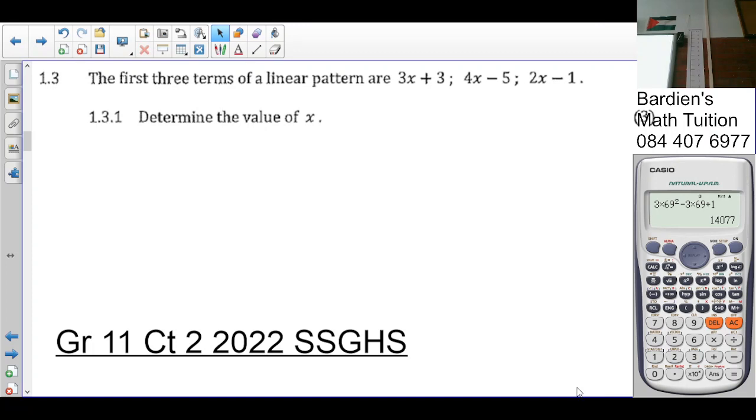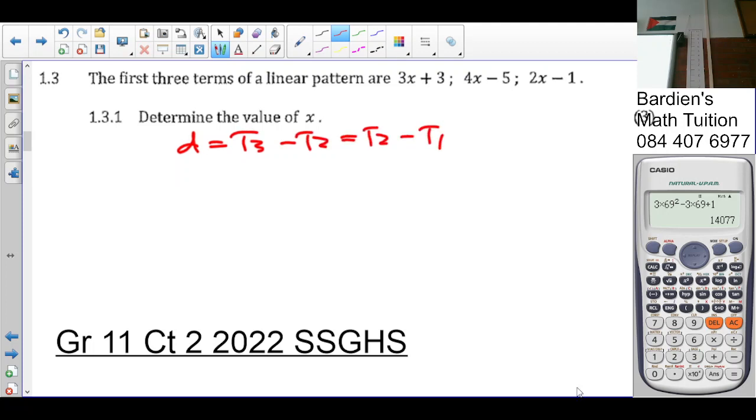It has a first common difference. Which means to say that your difference, which is T3 minus T2, is equal to T2 minus T1. So it's going to be 2x minus 1 minus (4x minus 5) is equal to 4x minus 5 minus (3x plus 3).